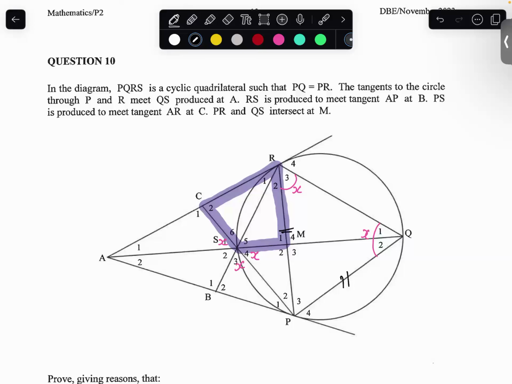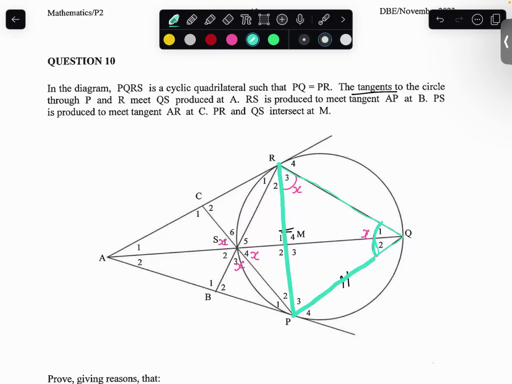I'm going to use my tangents. This angle is subtended from chord RP. So the whole of angle Q is subtended from chord RP, and chord RP meets this tangent.